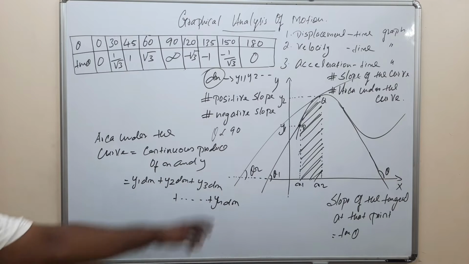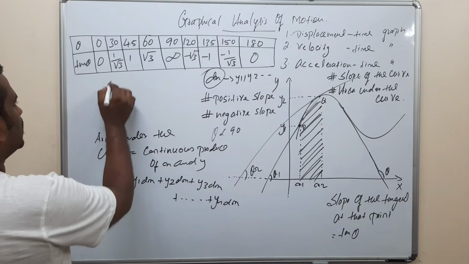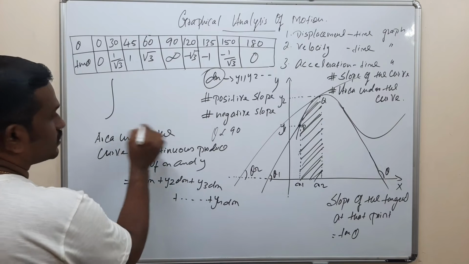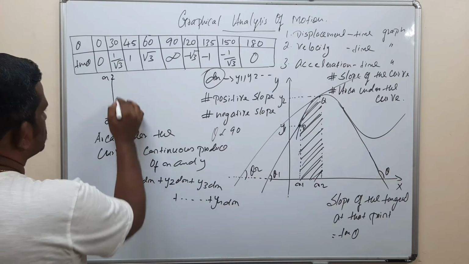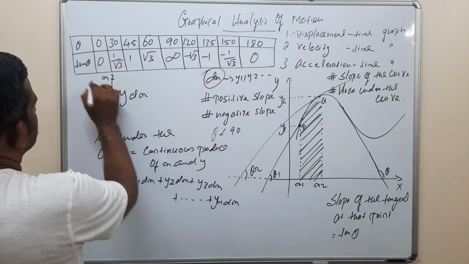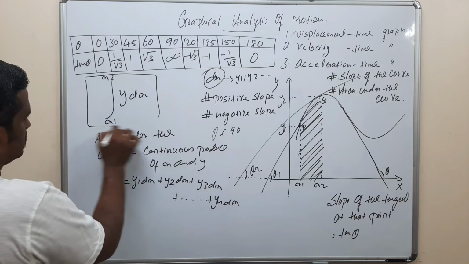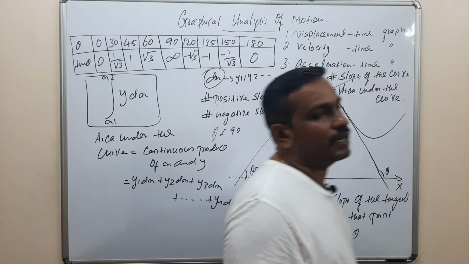That is nothing but the integration from x1 to x2 of y dx. So this is the area under the curve.